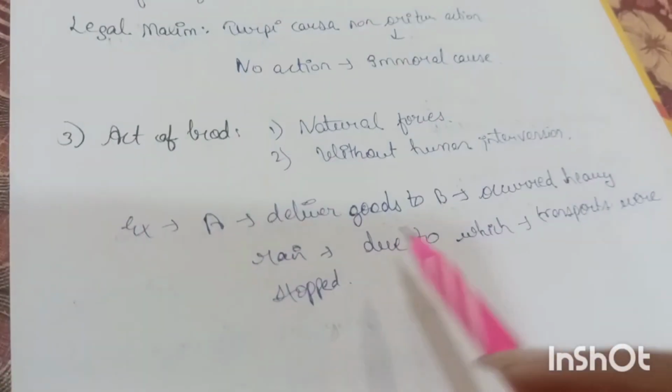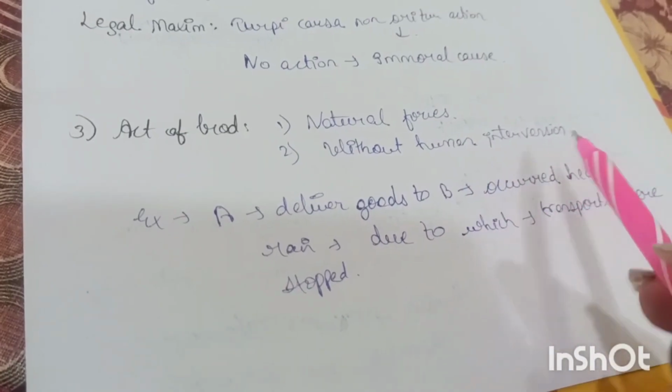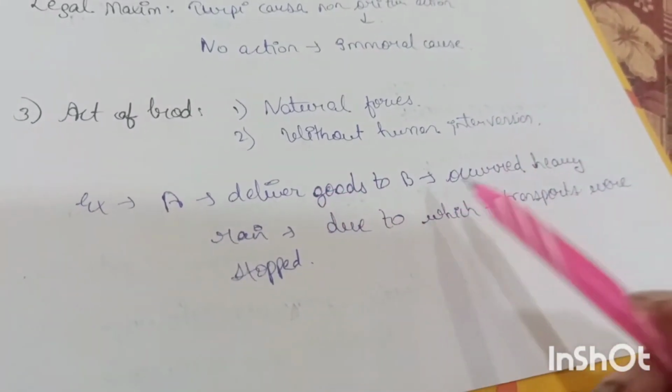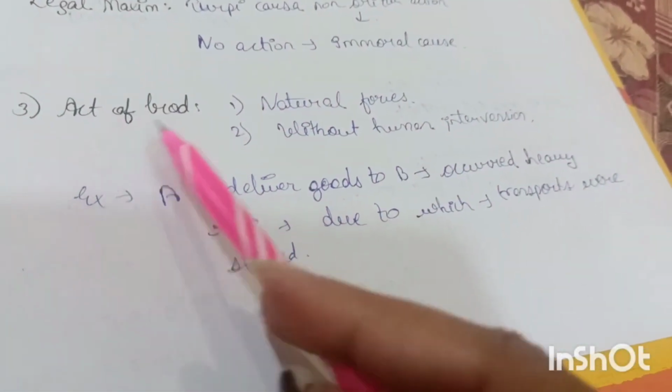So you can see over here there was no human intervention, and due to the heavy rain the goods could not be delivered. So in this you can say it is act of God.